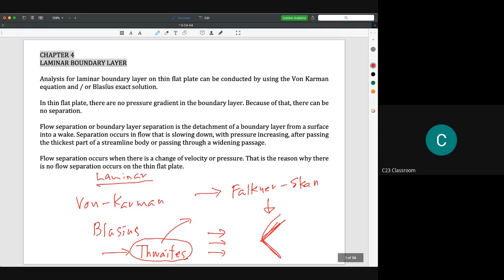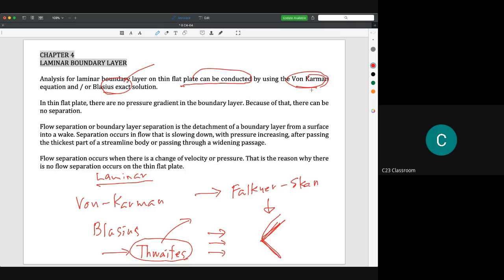Okay, so we have here analysis for laminar boundary layer on thin plate. It can be conducted using von Karman and also Blasius solution. However, you must know that Blasius solution is only for laminar, but von Karman can be used for both laminar and turbulent situations.